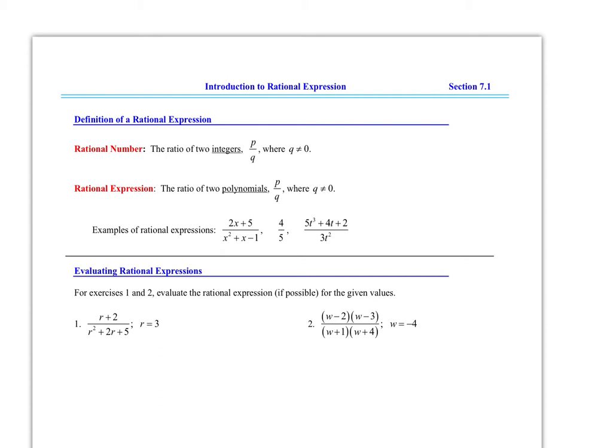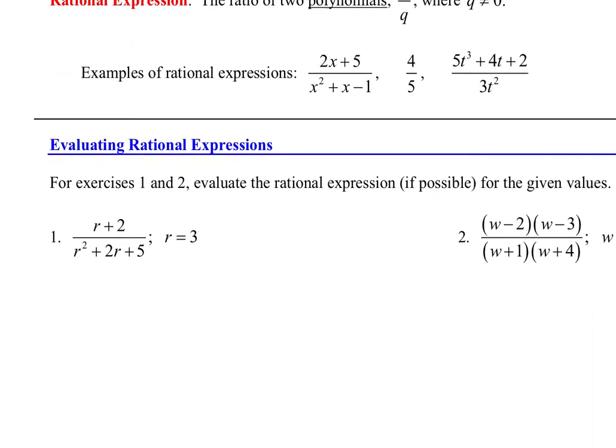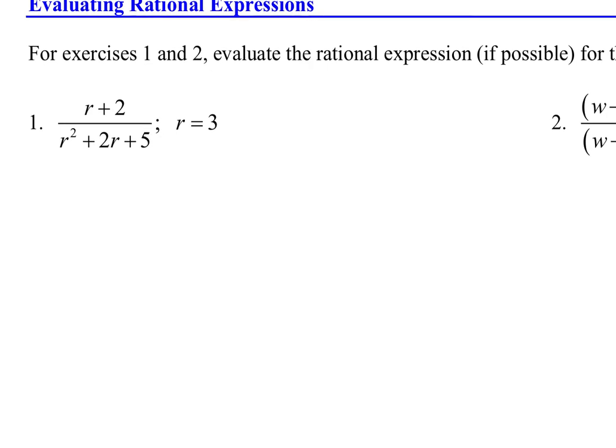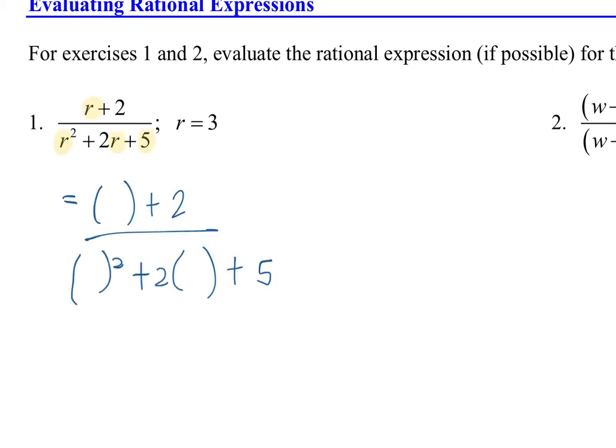But a rational expression, like the ones in examples 1 and 2, has a polynomial in the numerator and the denominator. For examples 1 and 2, we want to evaluate the rational expression, so we plug in the number everywhere that there is a variable.